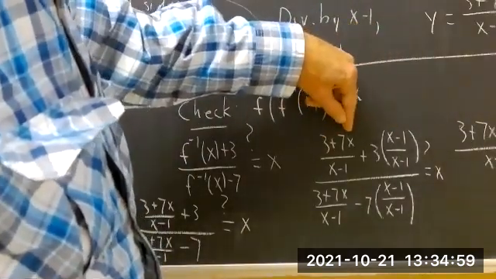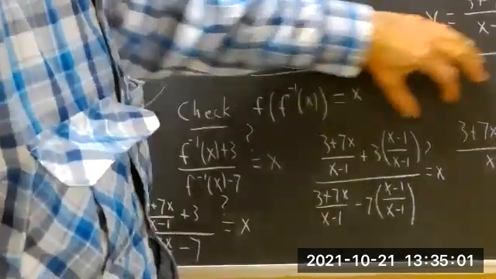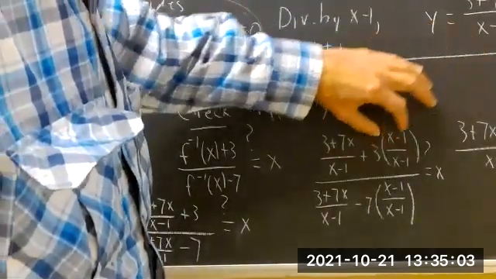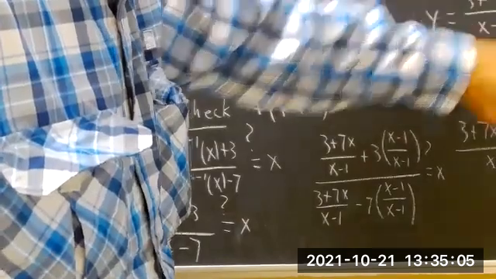Here we have 3 plus 7x, and 3 times the quantity x minus 1 is written this way.